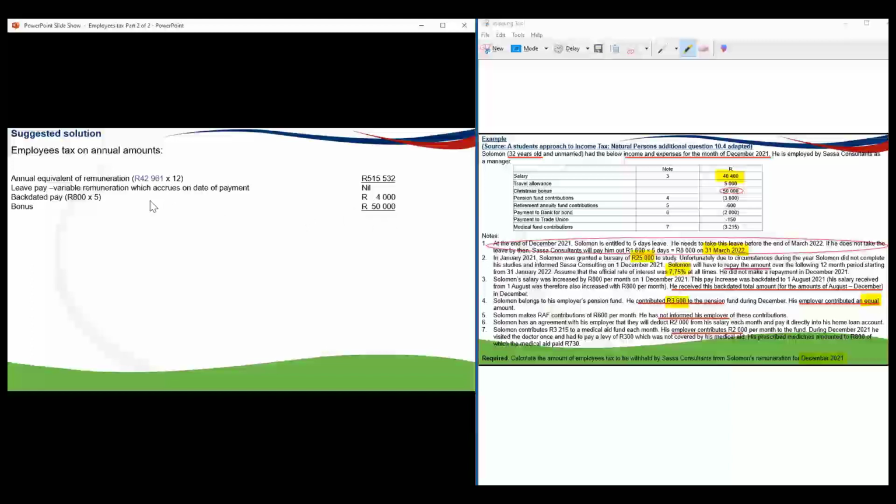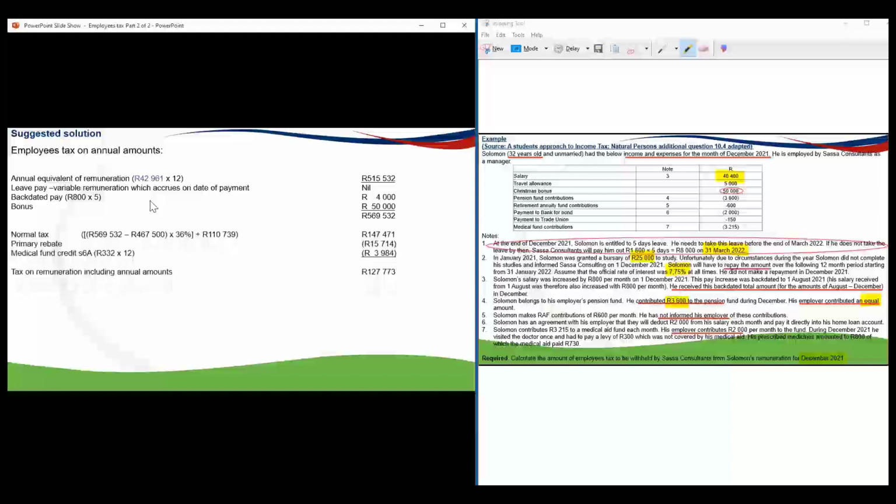And then we had a bonus that was also paid in December. If you look at the information provided, the bonus was paid in December of 50,000, and then we have the annual balance of remuneration, including variable as well as annual amounts, of 569,532.